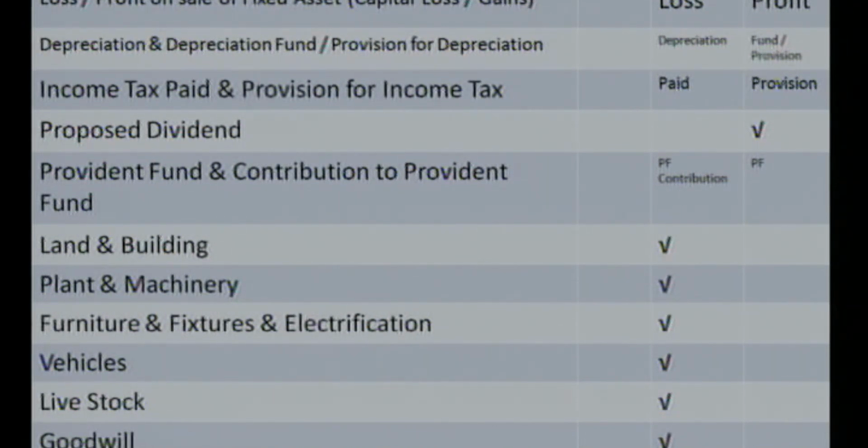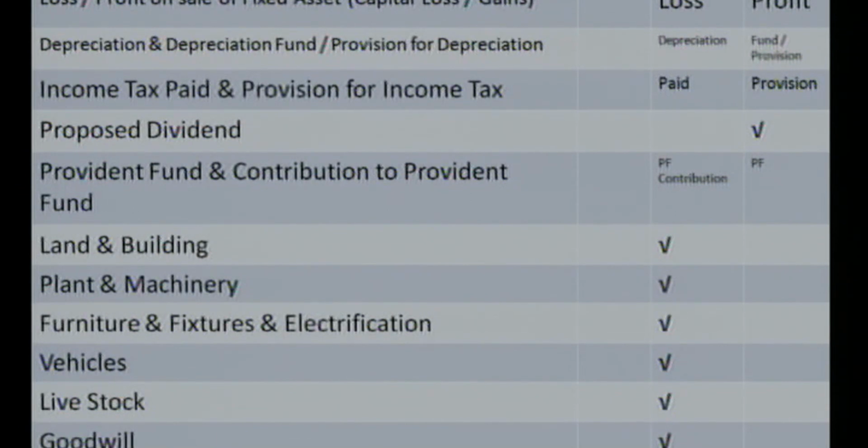But if the business has made the provision for the depreciation, then the provision bears the credit balance. So if it is depreciation and depreciation fund, then the debit balance is the balance of the depreciation and the credit balance is the balance of the depreciation fund or the provision for depreciation account.